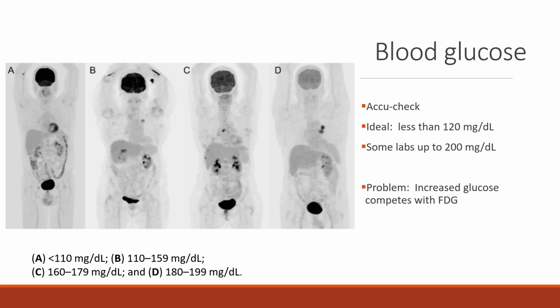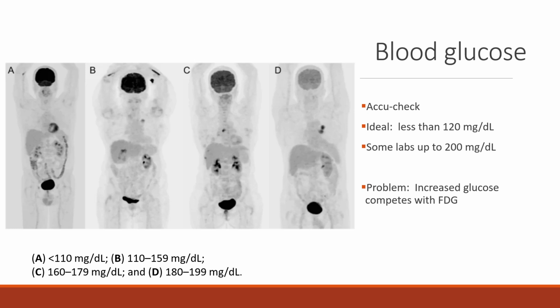And then for C, that's a high blood glucose. You're starting to see more soft tissue, less brain uptake. And then with D, the sugar is almost 200. You see that there really isn't a lot of uptake in the brain. You don't see the liver near as well.